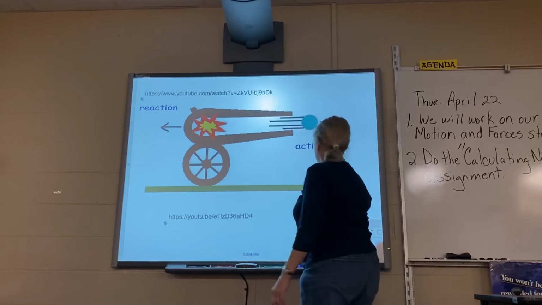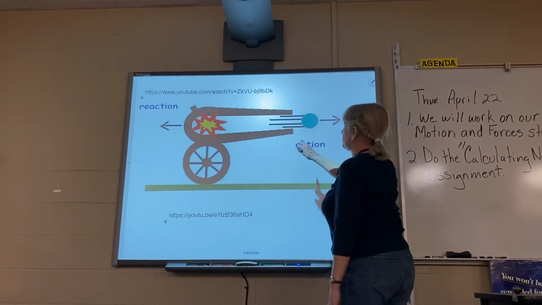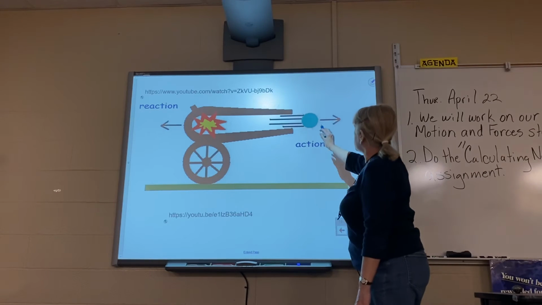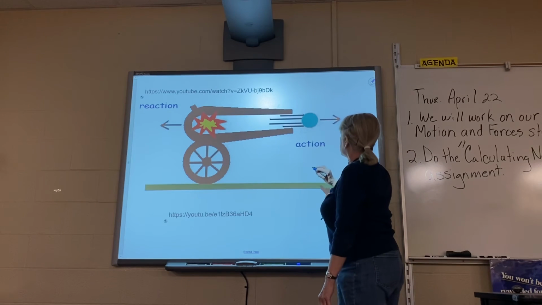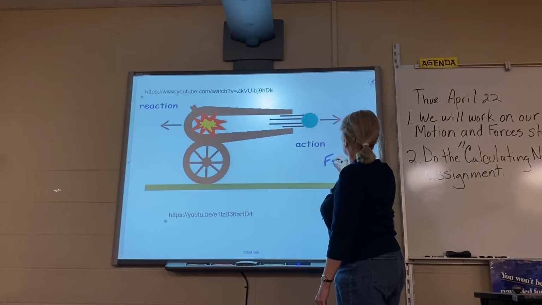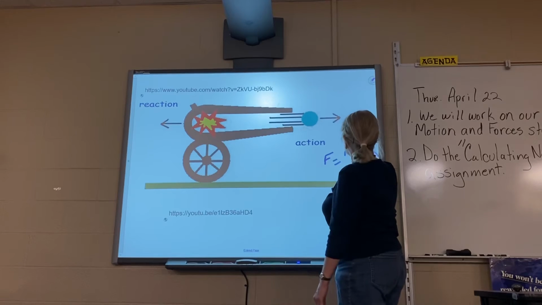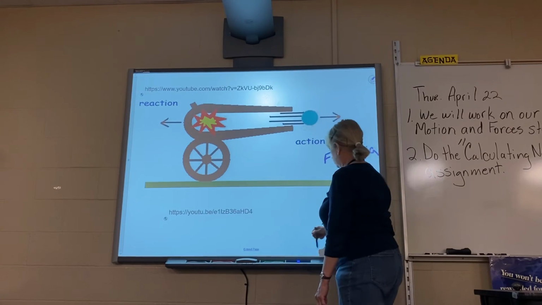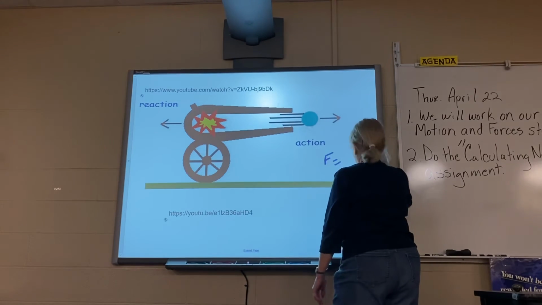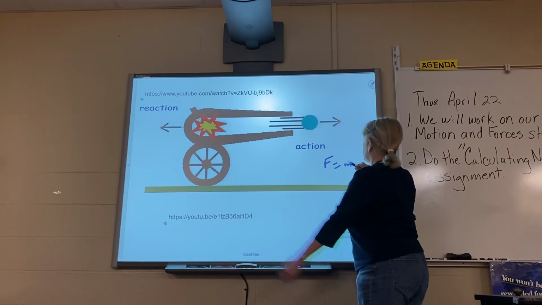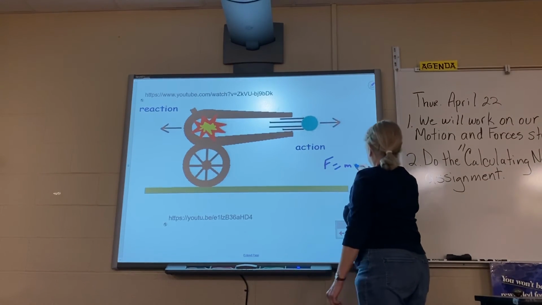Remember that force, mass, and acceleration are all related. Force is equal to mass times acceleration. For the cannonball, if this is a small mass, I'll do that with a little bitty m, but a really big acceleration.